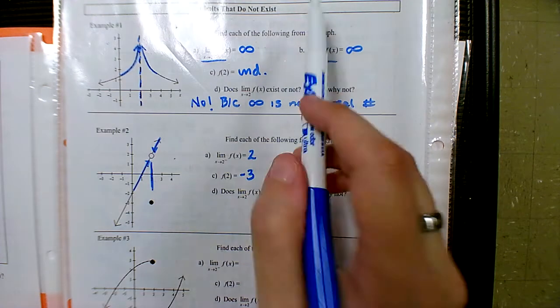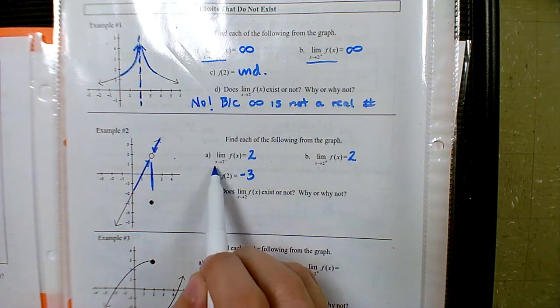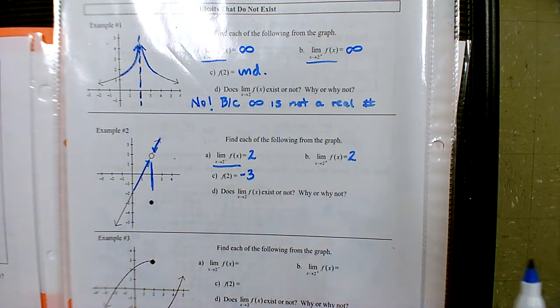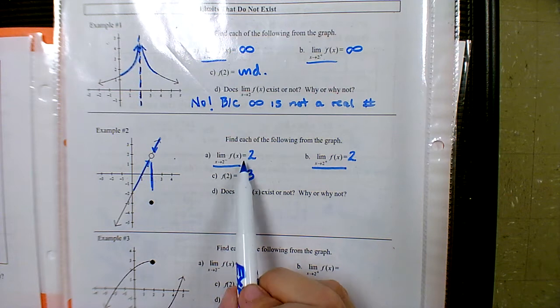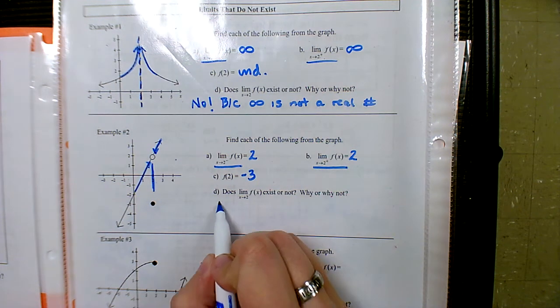Okay, so when you're just looking at the limits, notice how on the left-hand side we approach 2, and on the right-hand side we approach 2. We don't care what's going on at 2. I don't care that that's -3. I don't care if it's positive 100. All I'm concerned about is how you come in from both sides. Are they approaching the same thing? So the left side and the right side are the same number, and is that number a real number? Yes, 2 is definitely a real number. So we'll say yes.